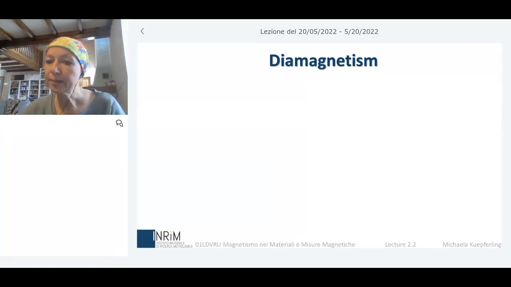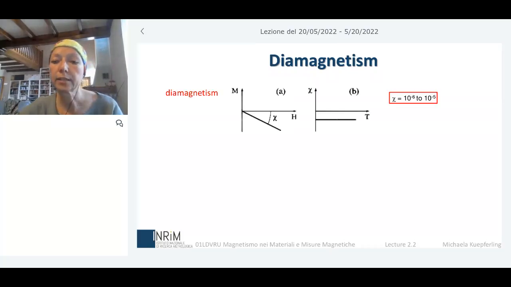Okay, let's move on, because of course we want to know now that we know one origin could be these ring currents in our magnetic material. Now we want to know, why do we have different kinds of magnetic materials? This is still something that we did not understand yet, that we did not discuss.